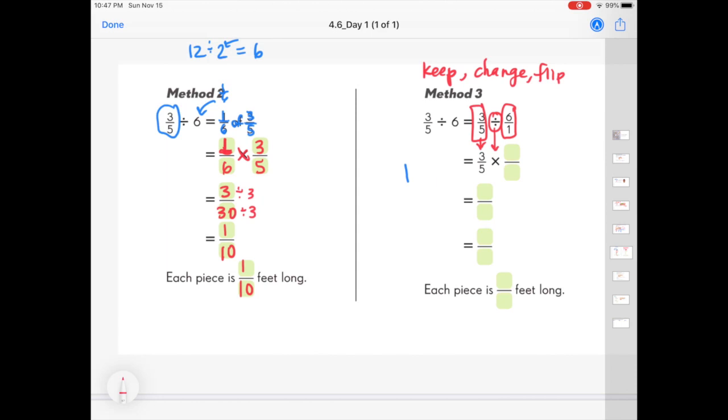So 6 over 1 would become 1/6. So keep, change, flip. 3 times 1 would be 3. 5 times 6 is 30. And again, in simplest form would be 1/10. So each piece is 1/10 of a foot long.